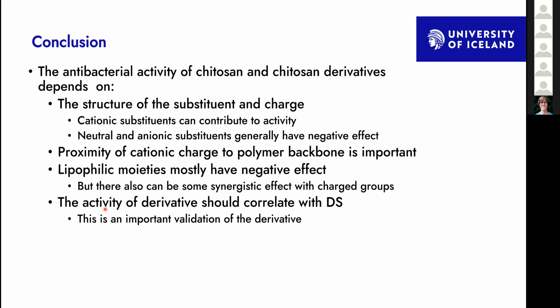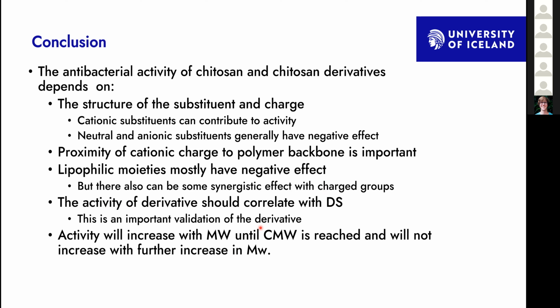And for the activity of derivatives, and this is important when you are reporting new chitosan derivatives, you should see some kind of correlation with degree of substitution. So this is an important step to validate whether this is a good active derivative or not. And the activity will increase with molecular weight until the critical molecular weight for activity is reached, and after that there is no further increase in activity with molecular weight.